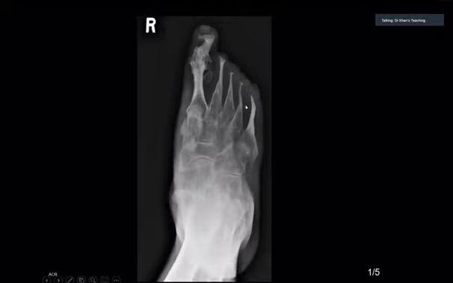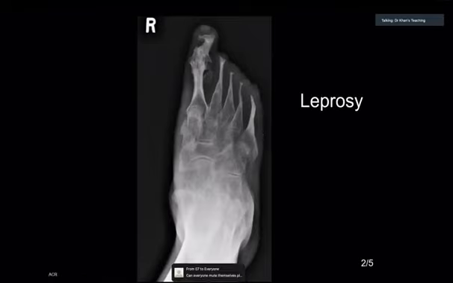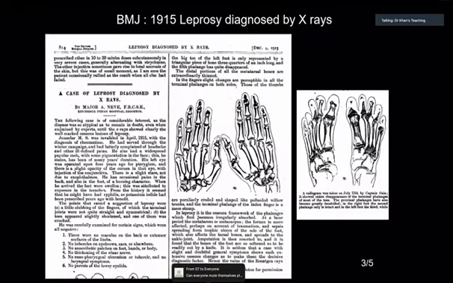Okay. You see, this is leprosy, and this is quite an Aunt Minnie type of appearance for leprosy. Now, just for your interest, this is a BMJ of 1915, and they made a diagnosis of leprosy on these X-rays.